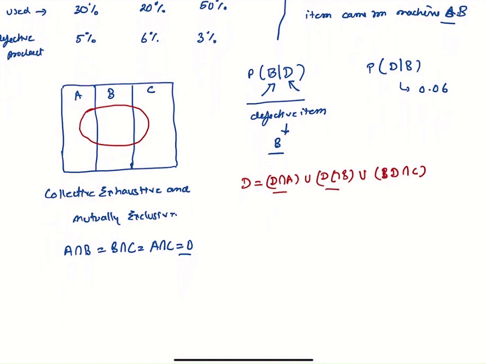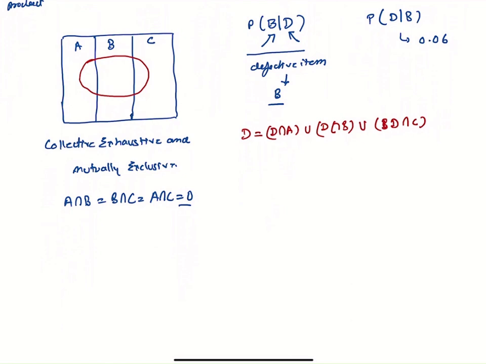Since A, B, and C are mutually exclusive, these three intersections are also mutually exclusive. So since they are mutually exclusive events, the probability of D will be the probability of D and A plus the probability of D and B plus the probability of D and C.